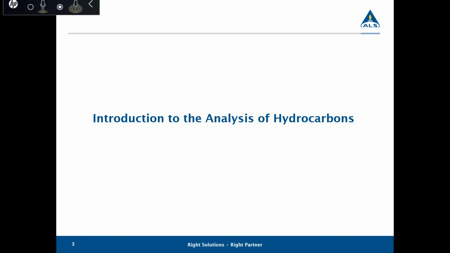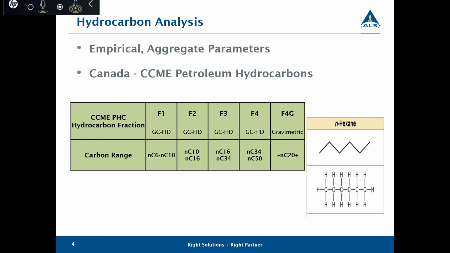So looking at the hydrocarbon analysis, hydrocarbons are mainly comprised of carbon and hydrogen. There are many different configurations possible: saturated, unsaturated, cyclic, aromatic. There are basically thousands of compounds found in crude oil and associated petroleum products, which makes it very difficult to report all of them. Instead, empirical aggregate parameters, which we call carbon fractions, are used to characterize the hydrocarbon contamination.